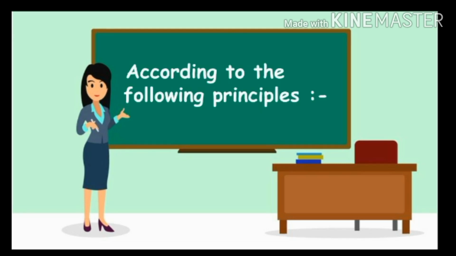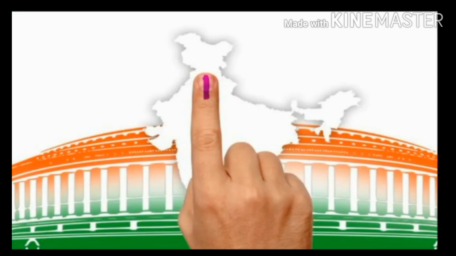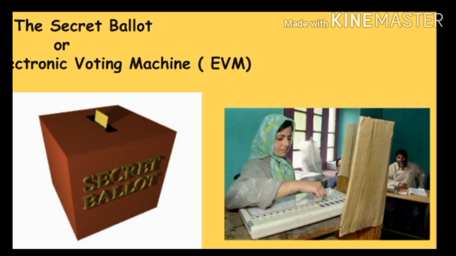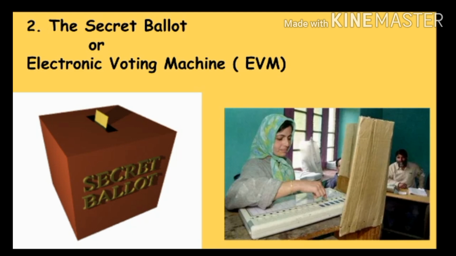Elections in a democracy are conducted according to the following principles. 1. Universal adult franchise. We read about it in our previous lecture as one of the salient features of the Indian Constitution. 2. Secret ballot or electronic voting machine.